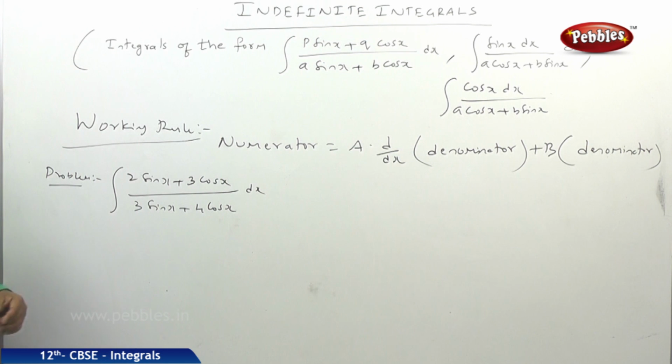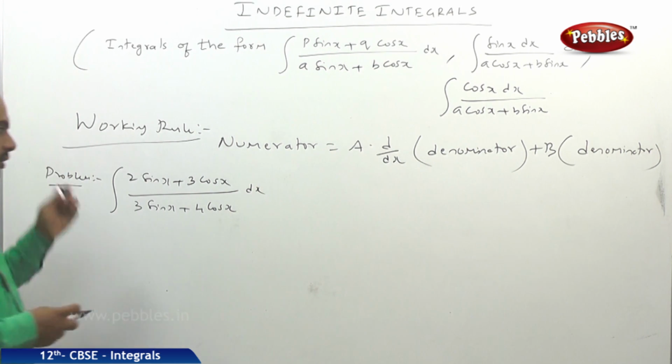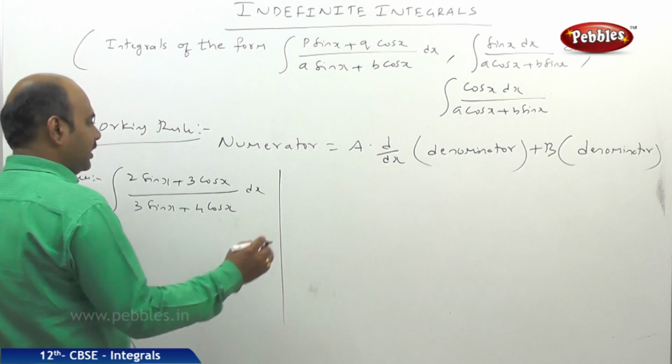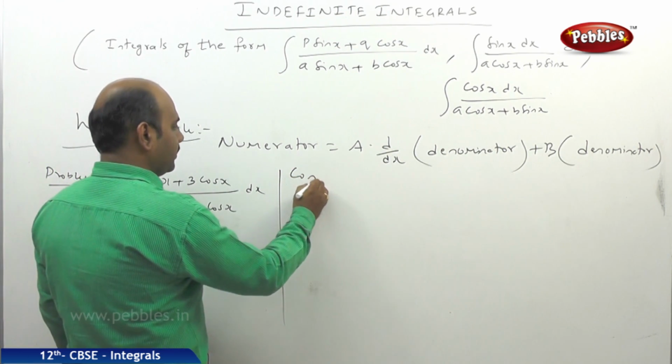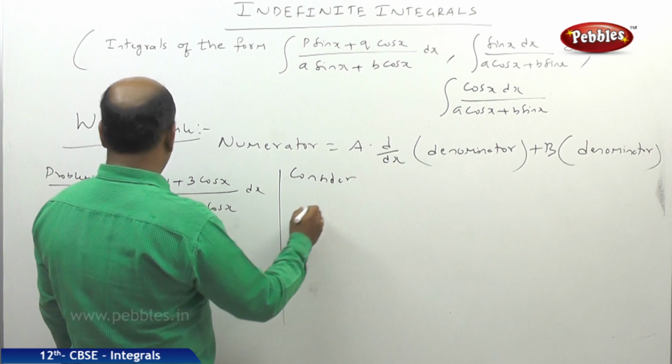Now coming to our problem, what is our numerator? 2 sin x plus 3 cos x, and the denominator is 3 sin x plus 4 cos x. So here I am considering the numerator.